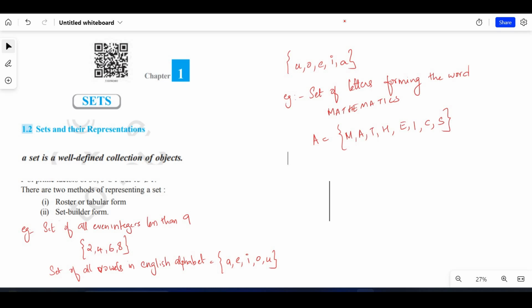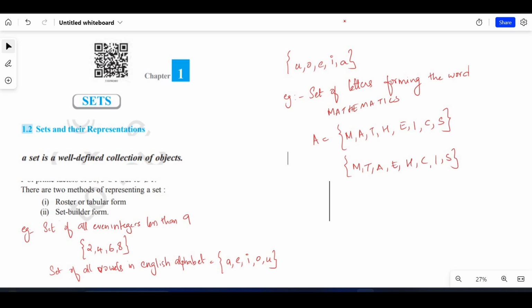The set of letters forming the word mathematics can be written as M, T, A, E, H, C, I, S. Both are the same. Both the sets are equal, irrespective of the order in which the elements are written. But the elements do not generally get repeated.